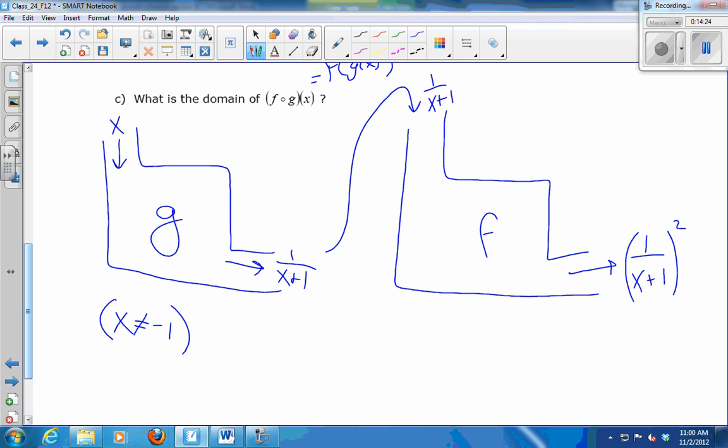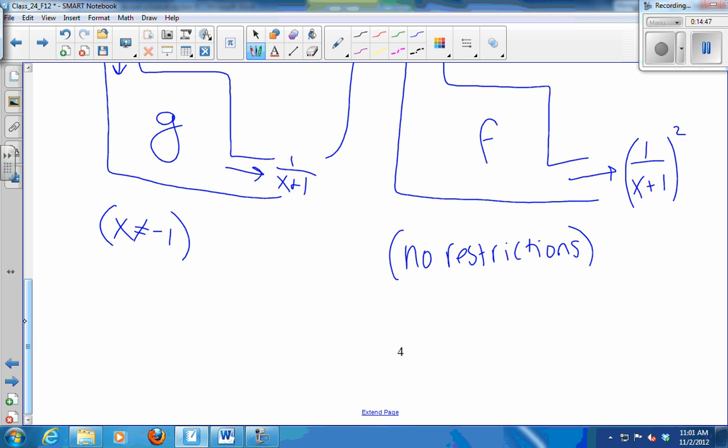And are there any restrictions of things that could jam this machine F? The machine that squares stuff. Is there anything I have to be careful not to plug in? No. There's no restrictions here. So then you take a look at the restrictions on each machine, and you write out your final domain.